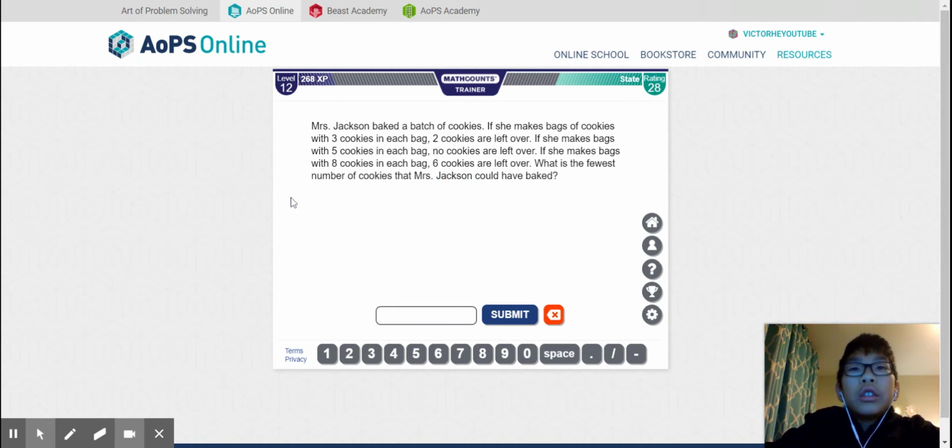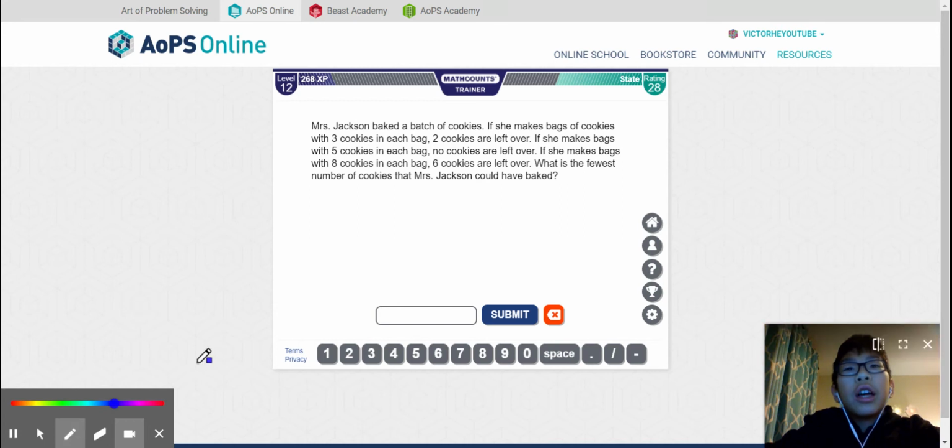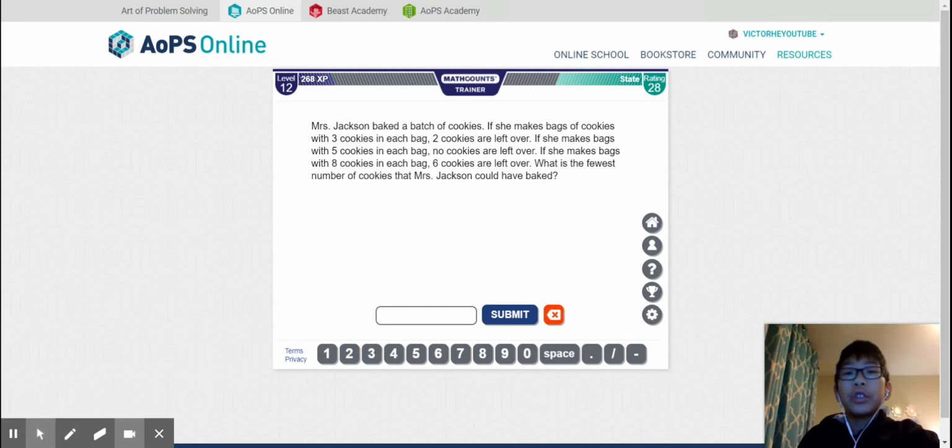Okay. So we're given that she has X cookies. And when X is divided by 3, there are 2 cookies left over. So it could be like 5. From this information, there could be 5 cookies.